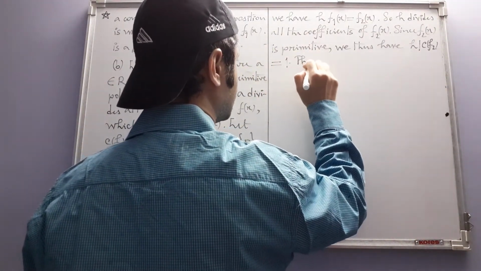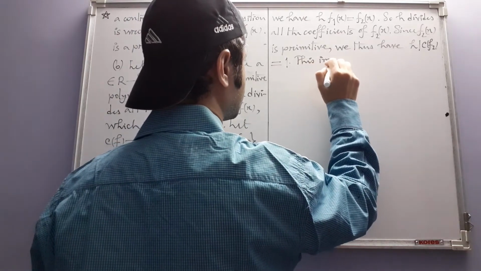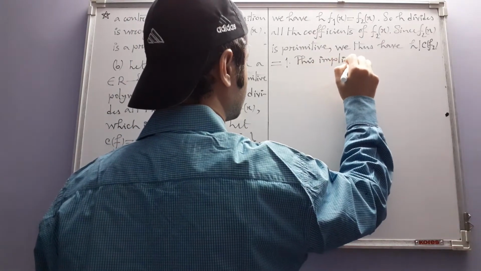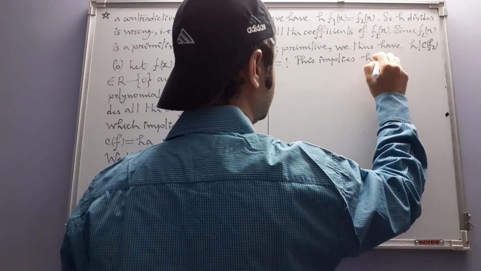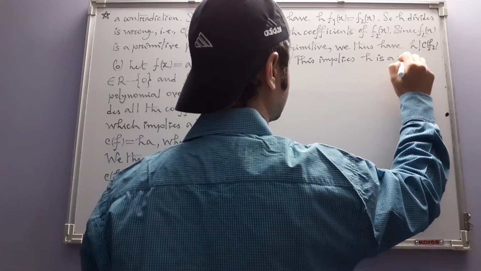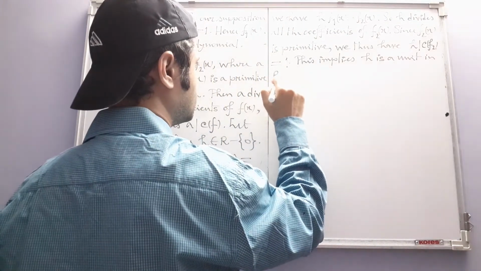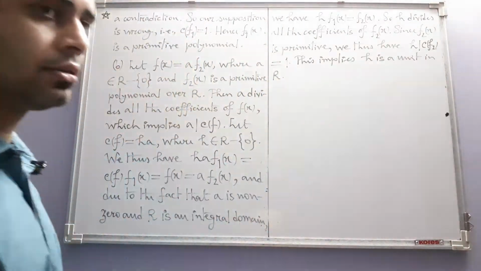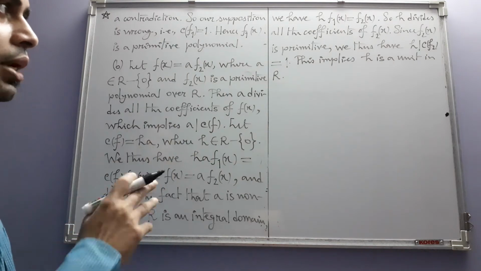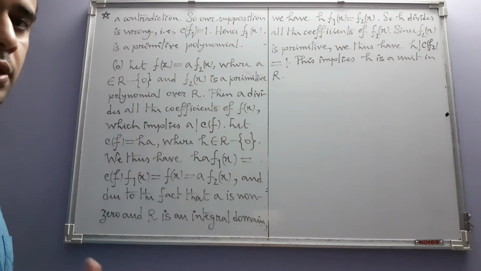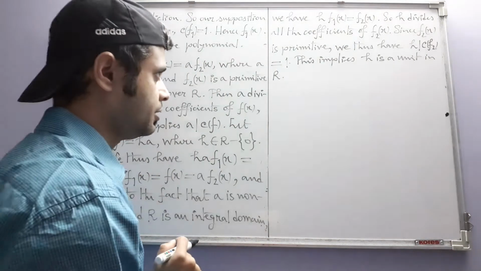But this implies h is a unit in R, because h is dividing 1, so 1 will be a multiple of h, which just means that h is a unit in R.